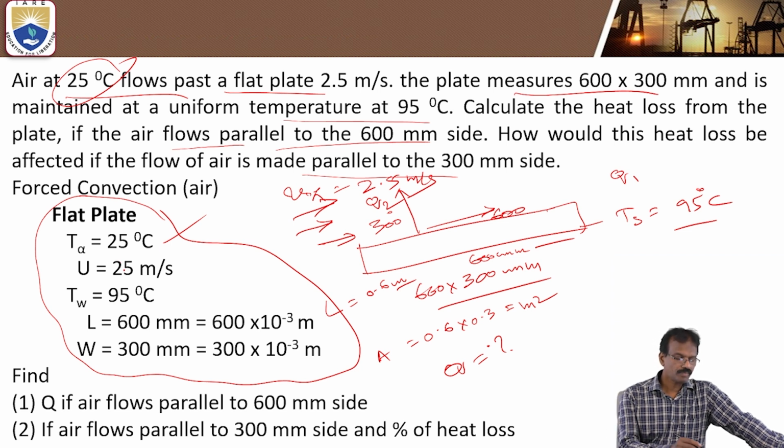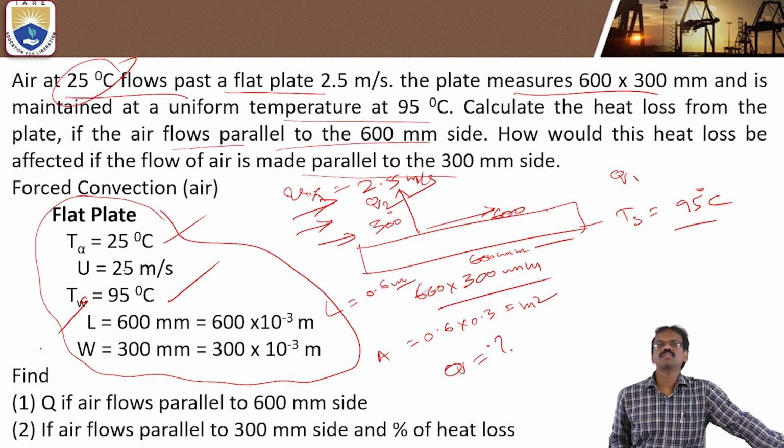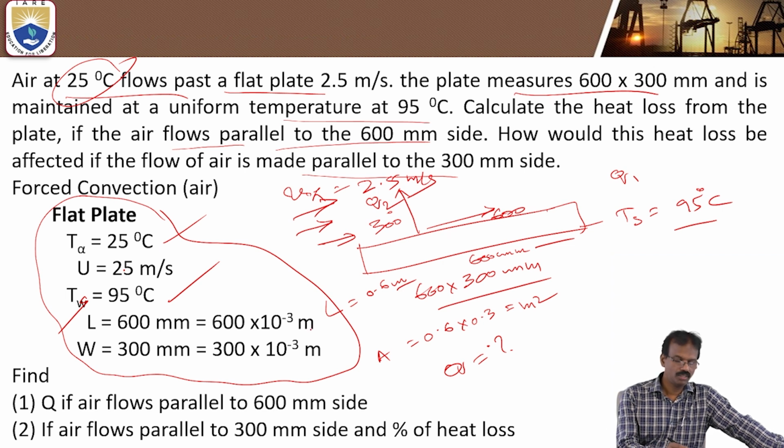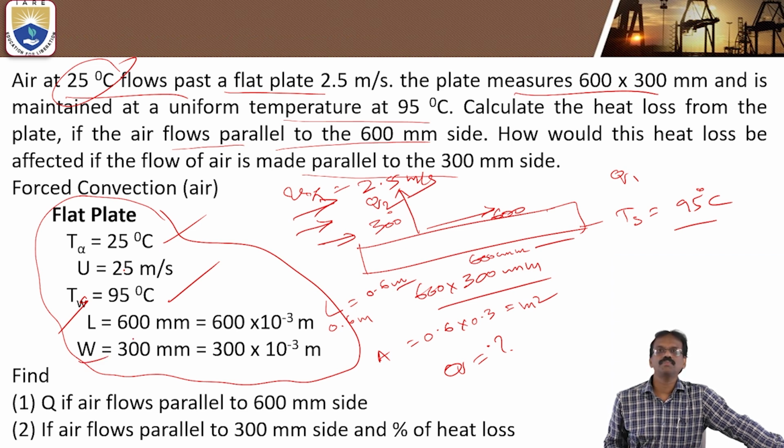Then Ts, the solid or plate surface temperature, is equal to 95 degrees Celsius. L is equal to 600 mm, nothing but 0.6 meters. W is equal to 300 mm, 0.3 meters.